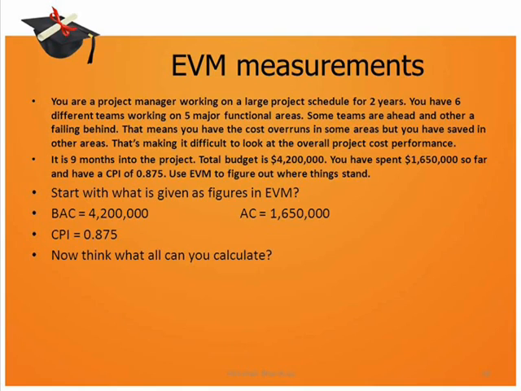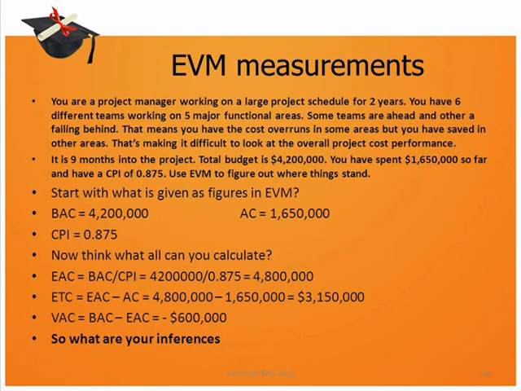Now think what are the values you can calculate based on these figures. For us to do the forecasting for the budget related figures, we need to calculate EAC, ETC and VAC. We calculate the values of EAC, ETC and VAC using the formulas we discussed before. Now, basis these values, what are the inferences that we can derive? Let us have a look at them.